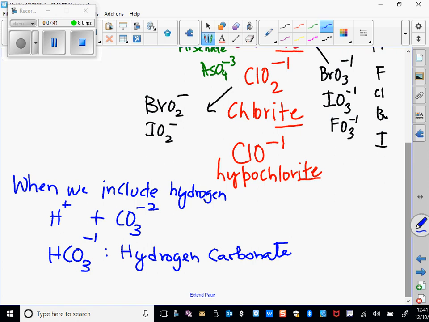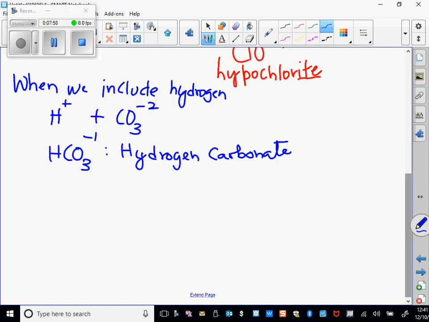Back in the days, they used to call it bicarbonate. Nowadays, we label it hydrogen carbonate. We don't call it bicarbonate anymore. It's not 2 carbon. All right? We call it hydrogen carbonate. Now, similarly, if you mix this with sulfate, what will that become?